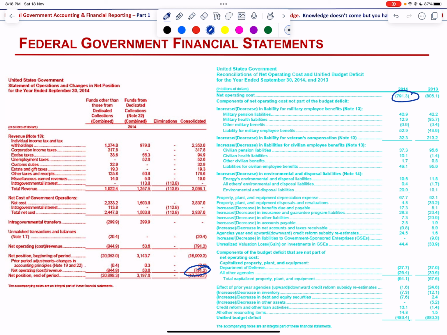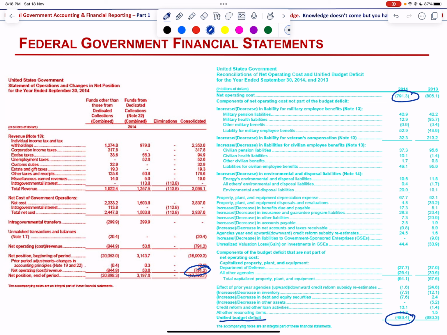And the statement also shows a unified budget deficit of 483.4 billion. Readers must go through the notes and the supplemental information given in the financial statements, as the data in the statement cannot be grasped without reading them.